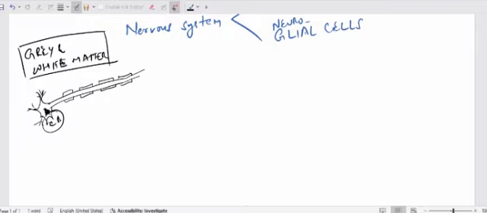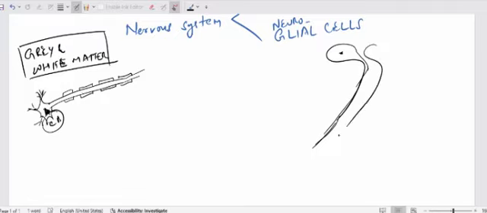Clear? So now let us take it as a kind of mouse to help you remember. What is a mouse? This is the cell body and this is the axon, white color. It looks like a mouse.